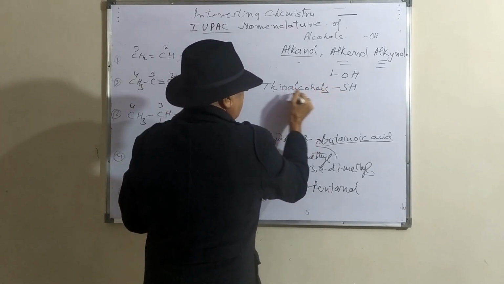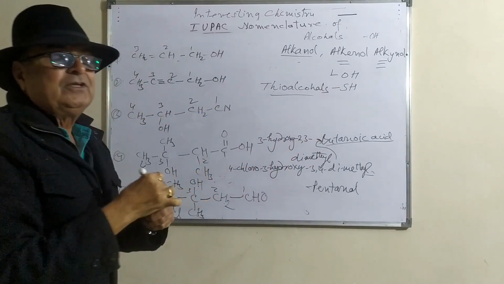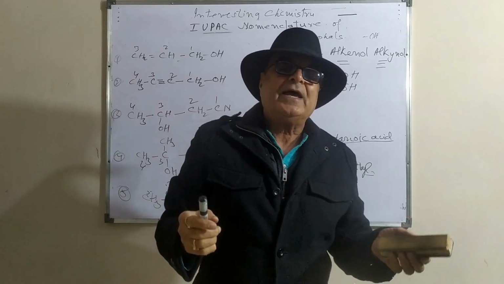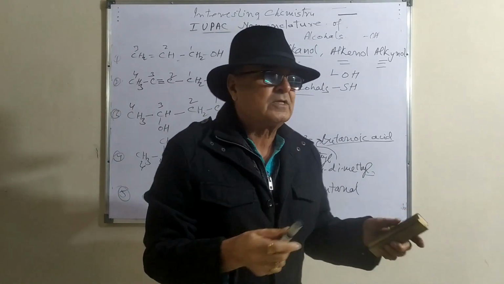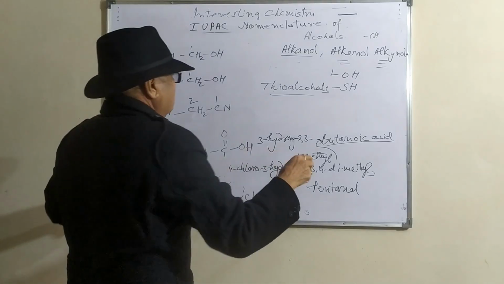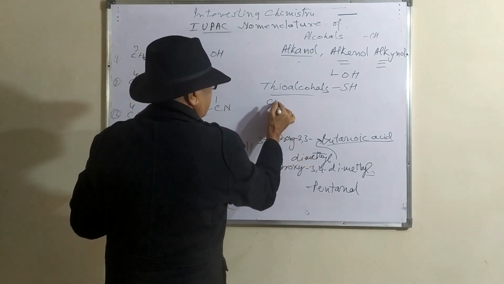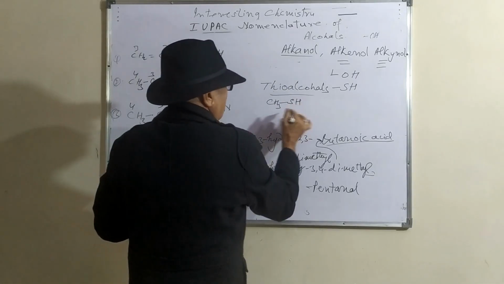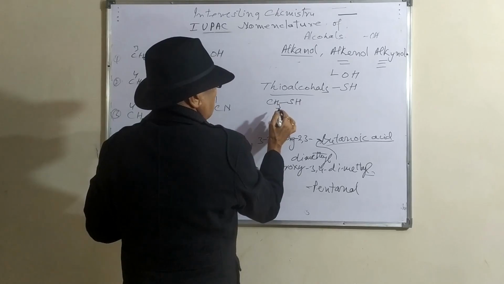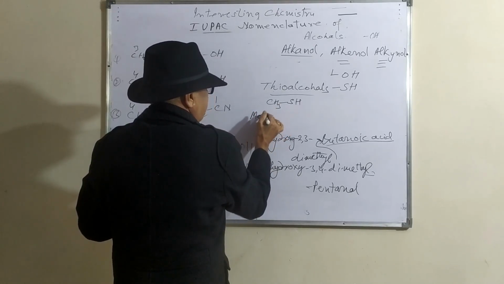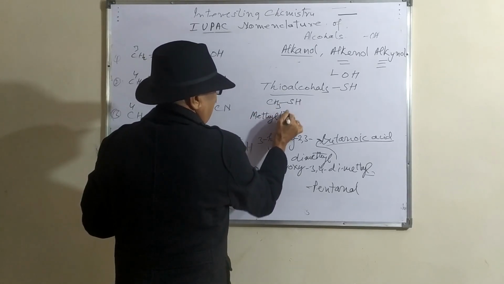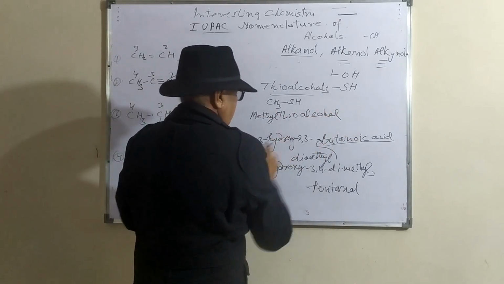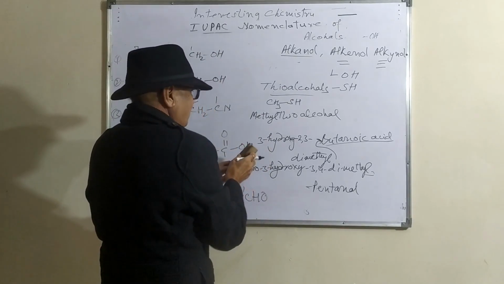These are the thioalcohols, and you write the name in the same manner as in the alcohols. Suppose this compound is CH3 with SH. The old name of this compound is methyl thioalcohol.